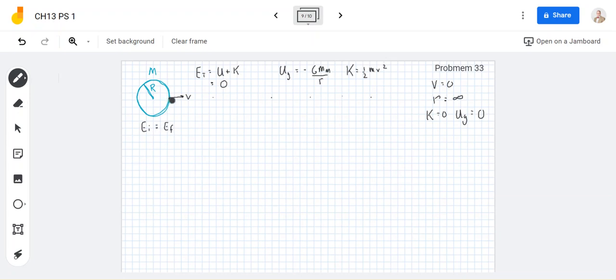So whatever energy your object, your ball here, has when it leaves, it has the same amount of energy. It just gets converted between gravitational potential and kinetic. So the initial, you're at the surface of the planet, you have some gravitational potential, and you have some kinetic. And the final is you're out here, and what do we know about the E final? Well, it has to be equal to 0.